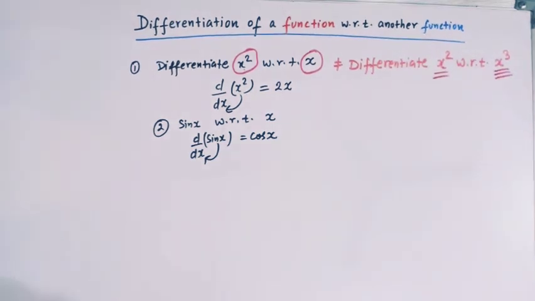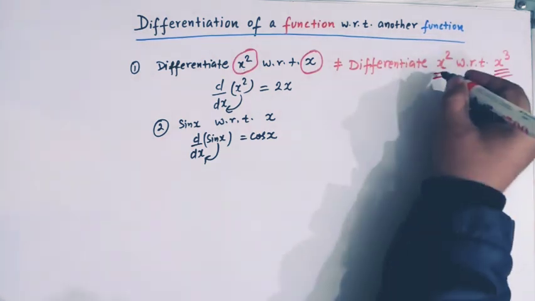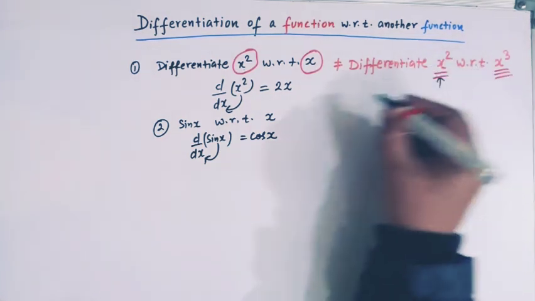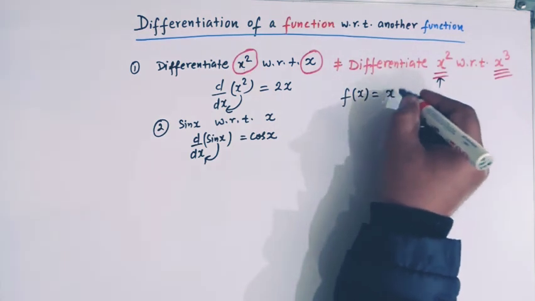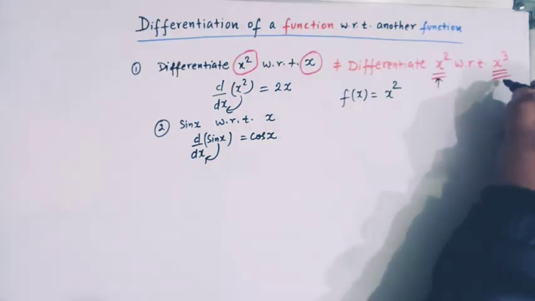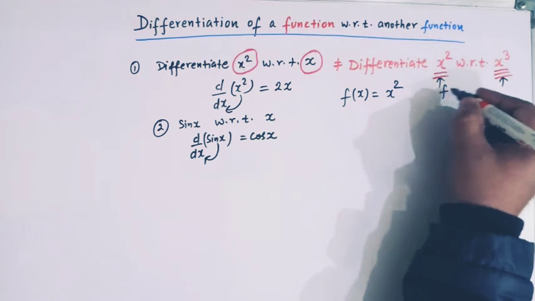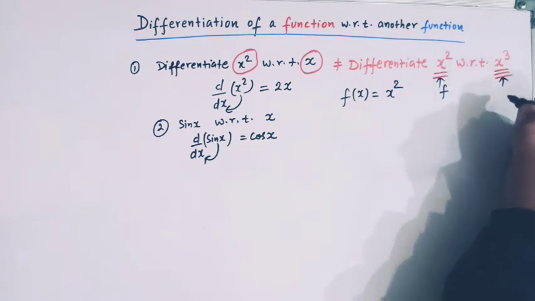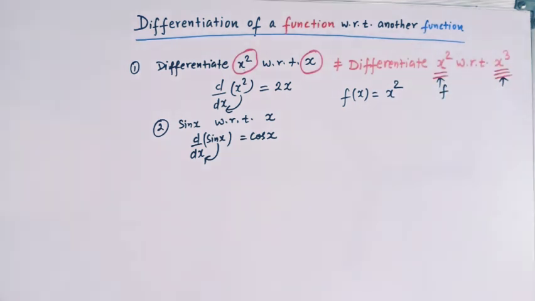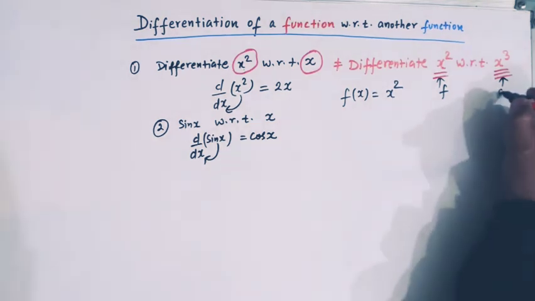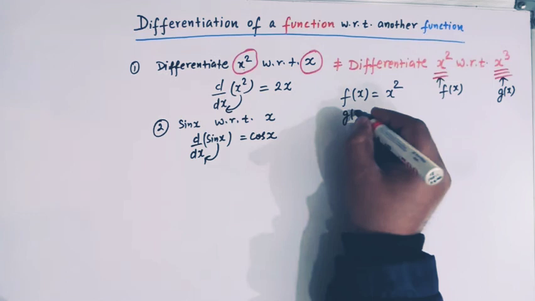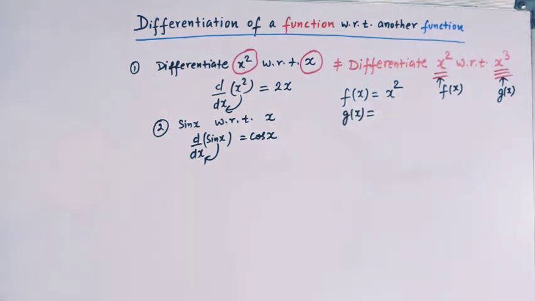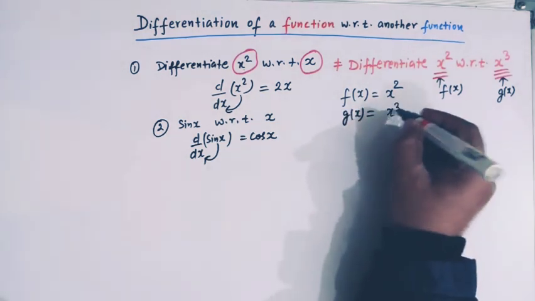So what we will do here, we'll assume this function as f, right? So f of x is equal to say x square, and let us take x cube as the second function, that is g of x, right? So g of x is equal to x cube.